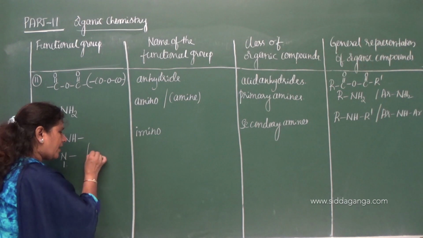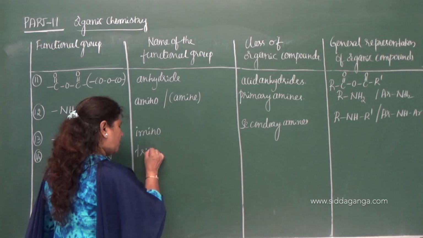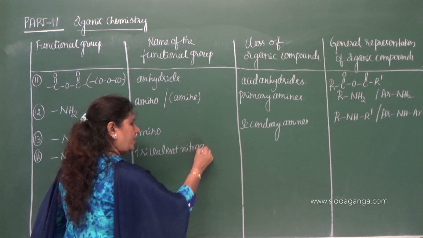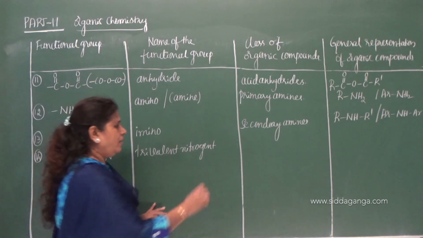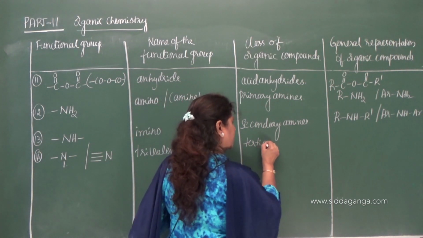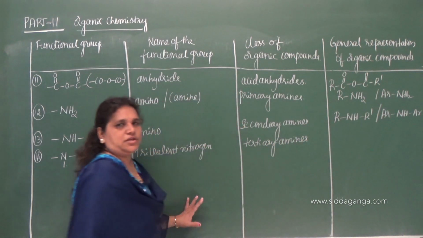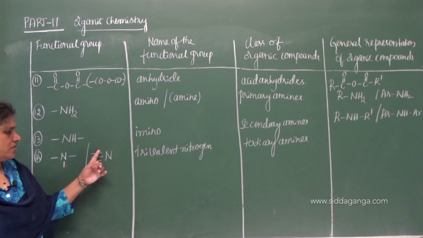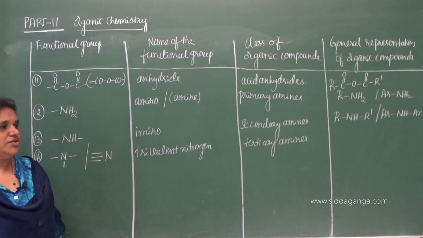You can also write it like this, triple bonded nitrogen, or name it as trivalent nitrogen. Trivalent nitrogen gives tertiary amines. So this is the functional group of tertiary amines, trivalent nitrogen, because all three valencies of nitrogen are free.